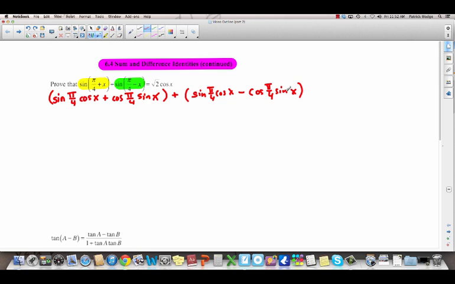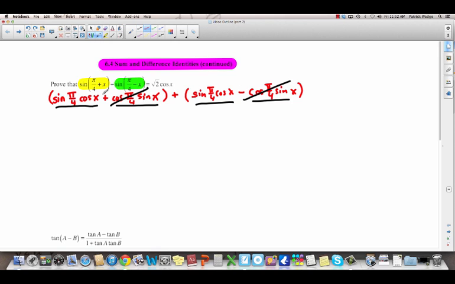Just like when we worked with identities before, we're going to work on just one side for now, so we're not going to deal with this root 2 cos x. We're going to try to turn this left-hand side into that. Notice anything now that you have these four little sections? You've got one term there, one there, one there, and one there. Hopefully you notice that this term, cos pi over 4 sine x, and this term, cos pi over 4 sine x, cancel because this is take away and this is add, so it's a positive one and a negative one.